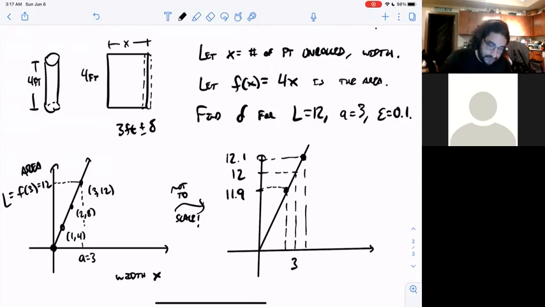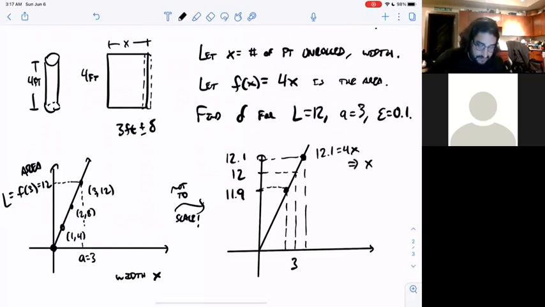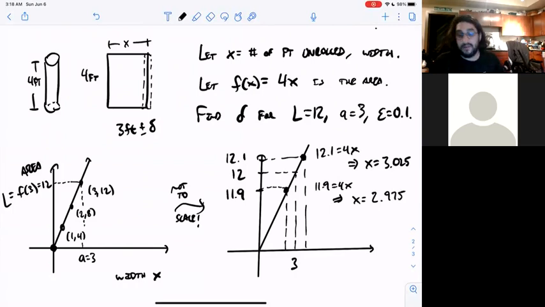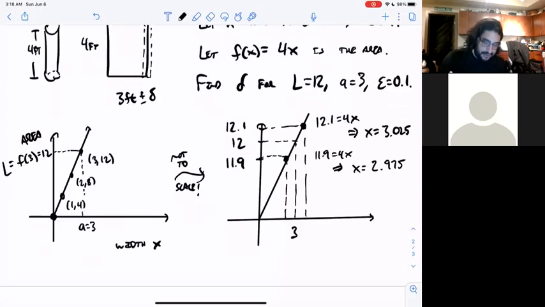So here, I just want to say, okay, 12.1 equals 4x, because 4x is the formula for the function. So then just solve for x, right? Divide both sides by 4, I get 3.025, right? Over here, also, you have 11.9 equals 4x. Again, divide both sides by 4, and you get x equals 2.975, right? So those are the two values. And so then down here, these are really these two markings right here.